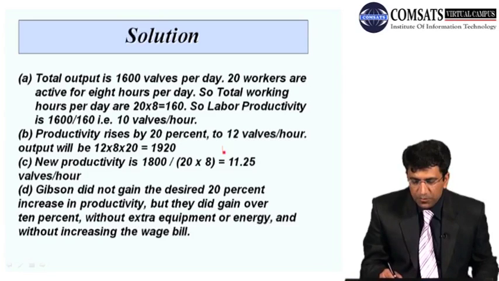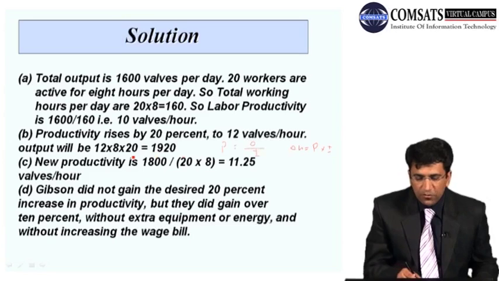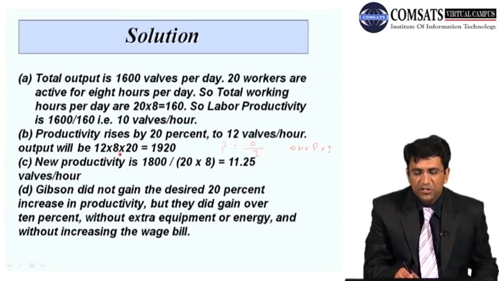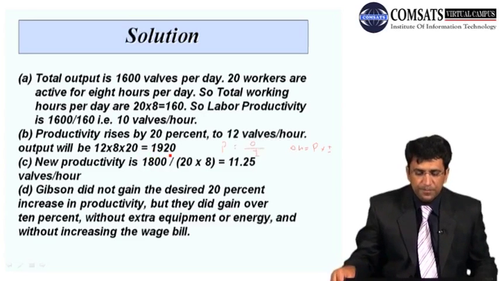As we know, the formula is productivity equals output over input, so output equals productivity multiplied by input. The productivity is 12 with that 20% increase, multiplied by the input, which you have already noted is 8 multiplied by 20. So the new output will be equal to 1920 units.